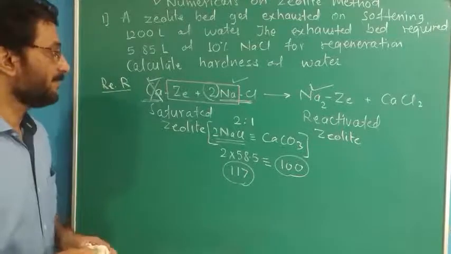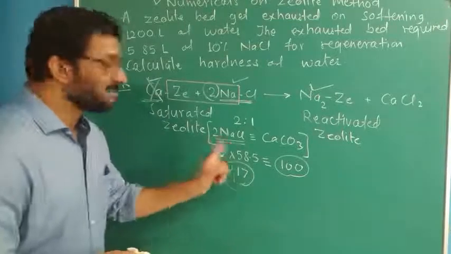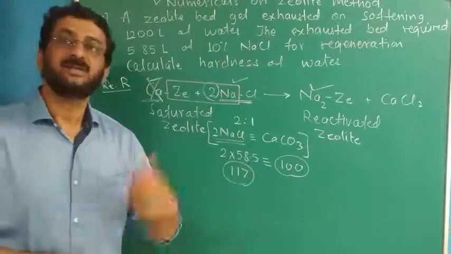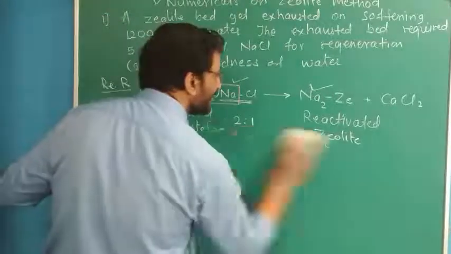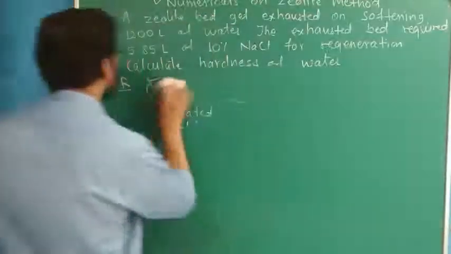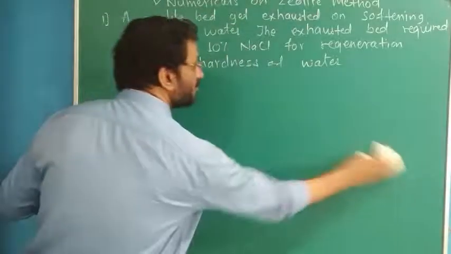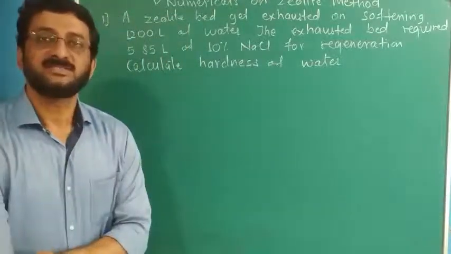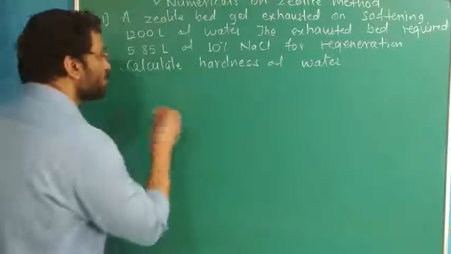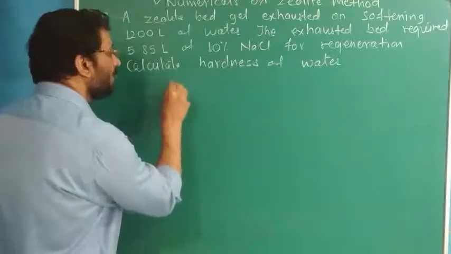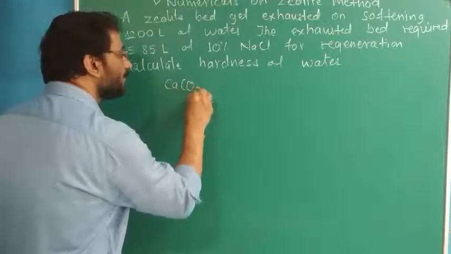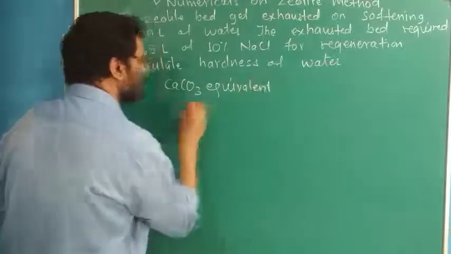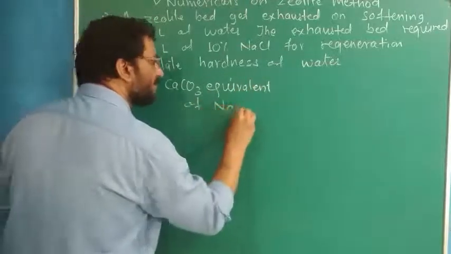Again I repeat, as if this NaCl is removing hardness, it has to be expressed in the form of CaCO3 equivalent. We know that 2 equivalents of NaCl are required for removal of 1 equivalent of CaCO3 hardness. So how do we find the CaCO3 equivalent of NaCl? By the same multiplication factor.